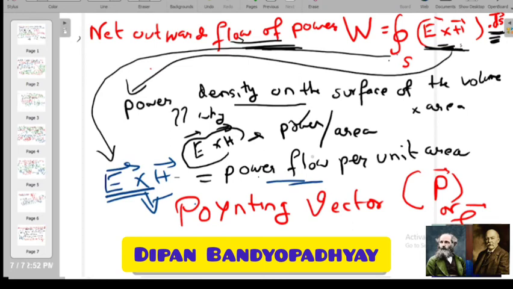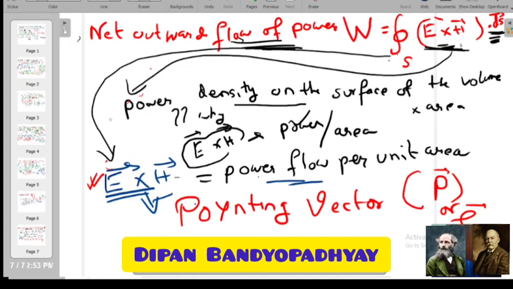So this E cross H can give the information about power, though not always. For our discussion we can say that it will give the power flow per unit area.